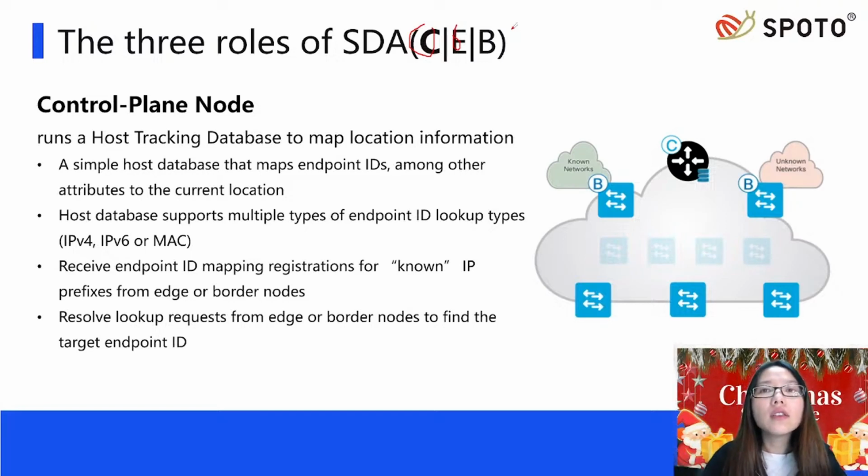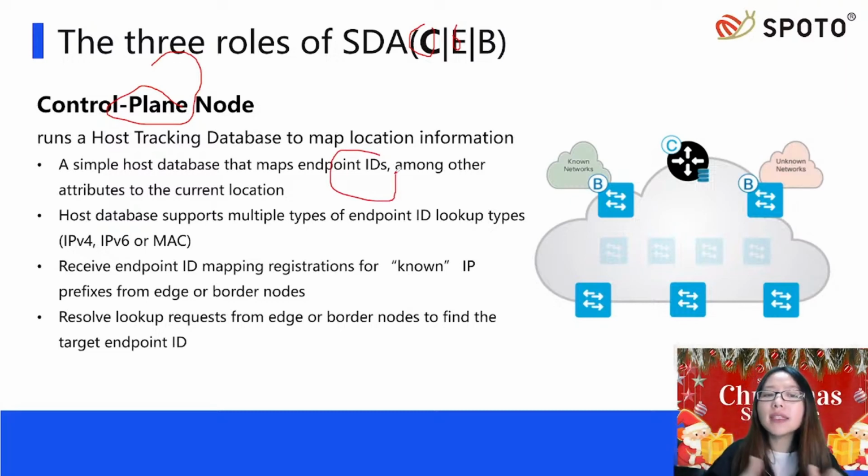Let's introduce the control plane node first. The control plane runs a host tracking database, a simple host database that maps the ID, among other attributes, to a current location.